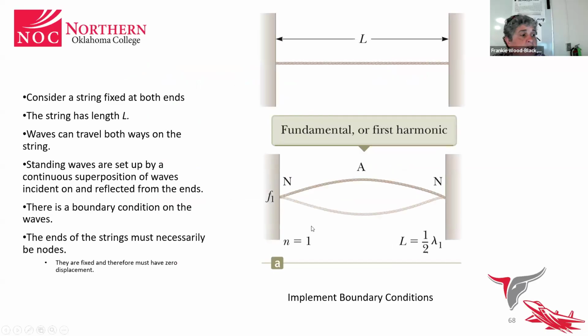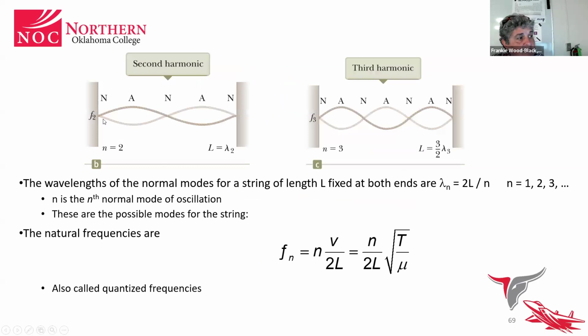This would be the fundamental harmonic for a string between two fixed points. As we move through, this is our second harmonic. I now have one full wavelength. This is my third harmonic. I have 1.5 wavelengths.